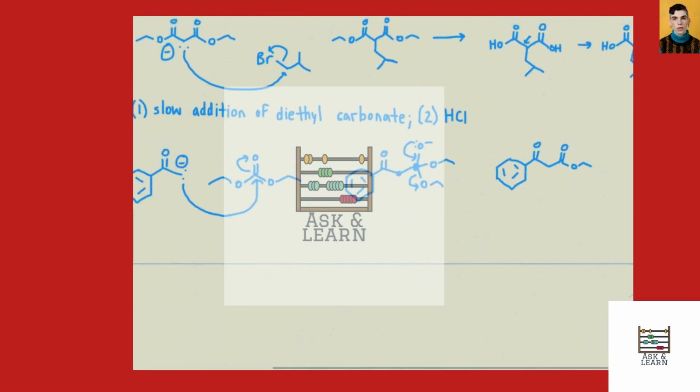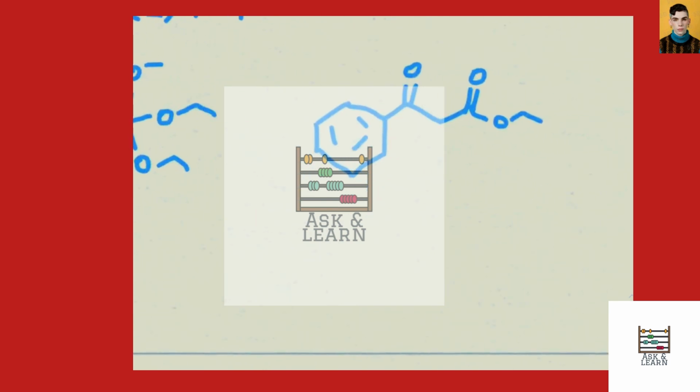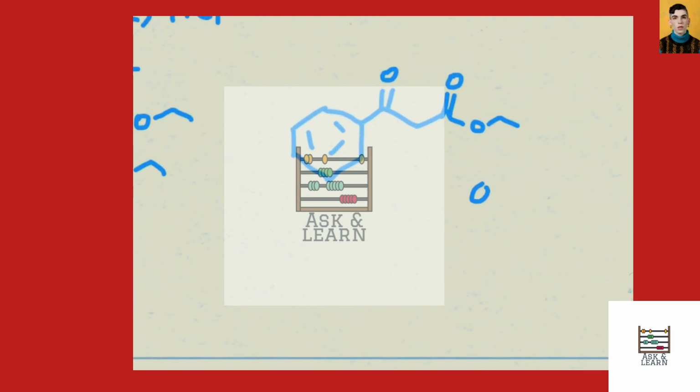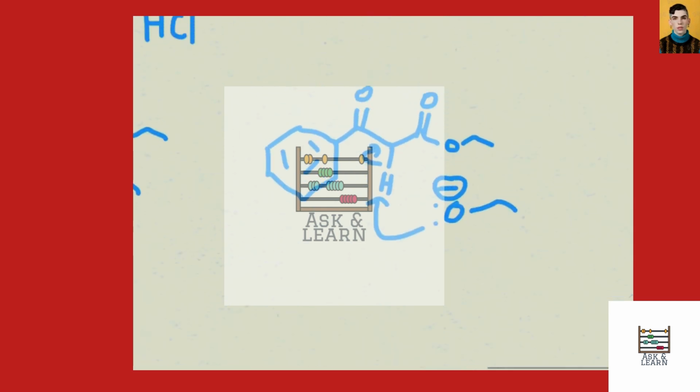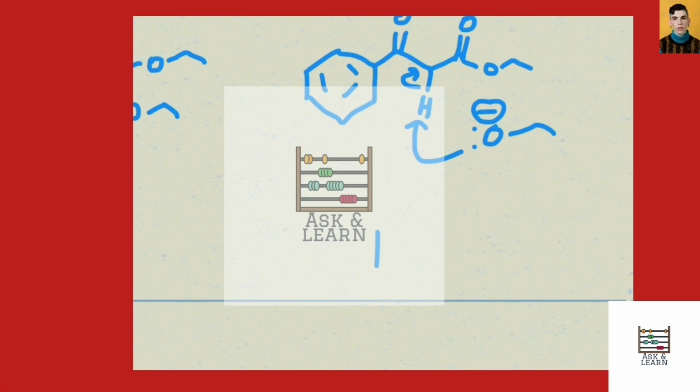So that is the slow addition of diethyl carbonate, but we're not done with that first step because we still have that ethoxide present in the solution, and that is going to behave as a base to take off that acidic proton. As it does that, I'm going to have to move the electrons up to that carbon to result in this product, in which I have my benzene, and then attached to that my ketone, with my ester on that side, and then the set of lone pairs on this central carbon.